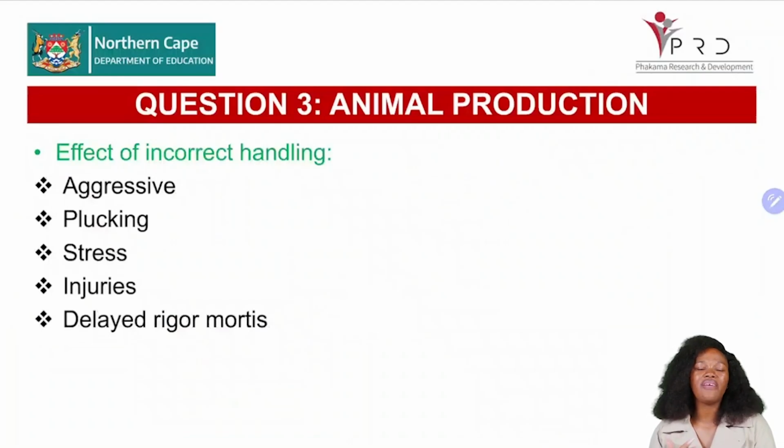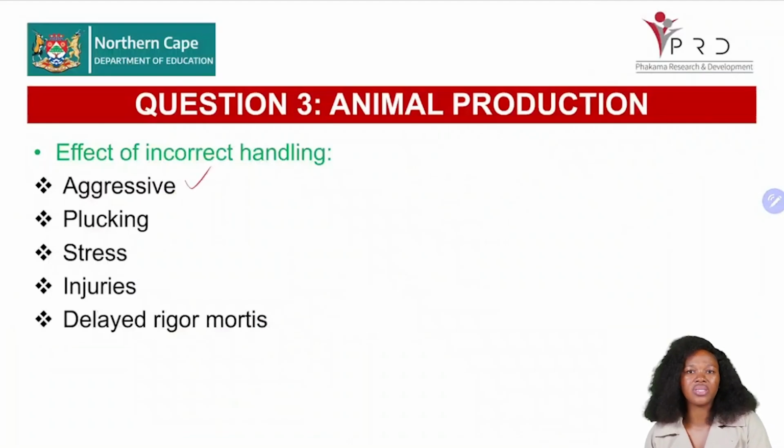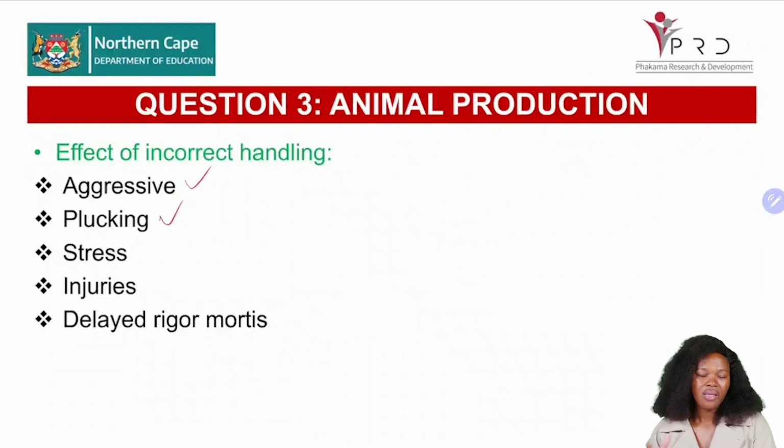Now, what will be the effect of handling farm animals incorrectly? Let's just say you do not talk softly, you approach them from the back or in their blind spot. Firstly, animals will respond aggressively. There will be plucking, the removal of feathers in chickens. They will be pecking, the chickens will start pecking you. They will bite you.